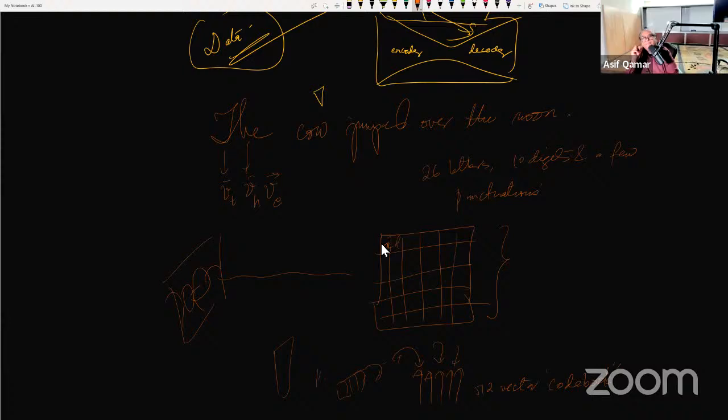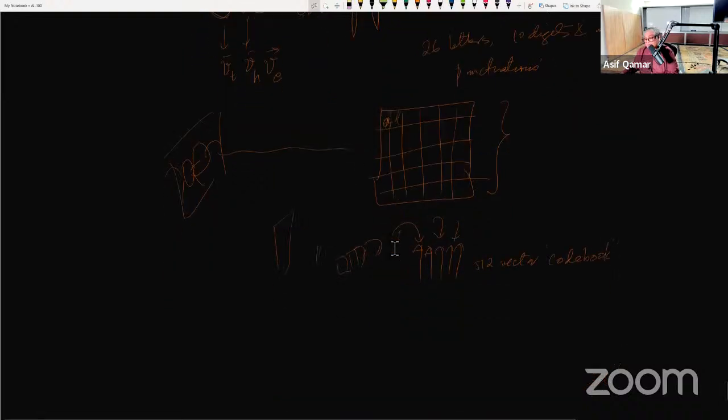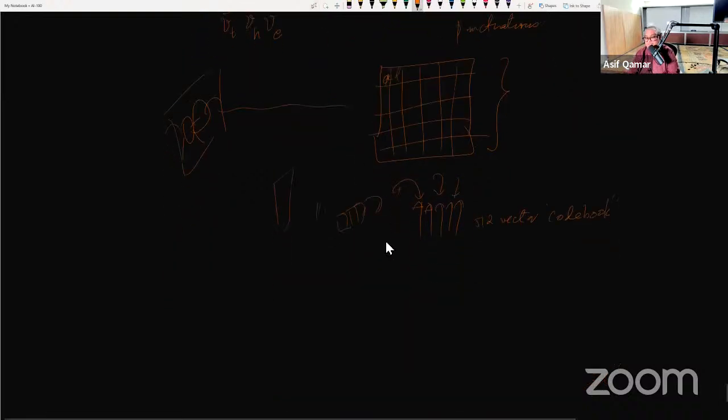As you see, 512 vector means like this. 512 is the code book. It's a vocabulary. Pick one. 512 is a constant. Yes, 512 possible vectors are there. You just pick which one it is closest to. Think of these vectors as code book vectors.